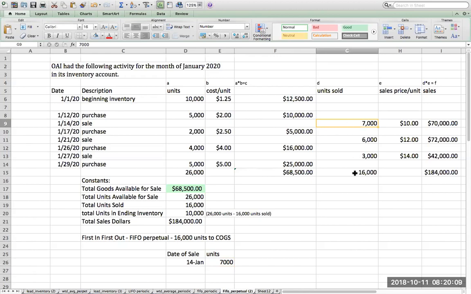Remember that I need 16,000 units, but because I'm using perpetual, I need to go in chronological order of my sales and see what was there on that particular date. So my units here, I've got 7,000 units. Where do I take it from? So first in, first out. I'm going to take here 10,000 units minus 7,000 units, sale from 1/14.